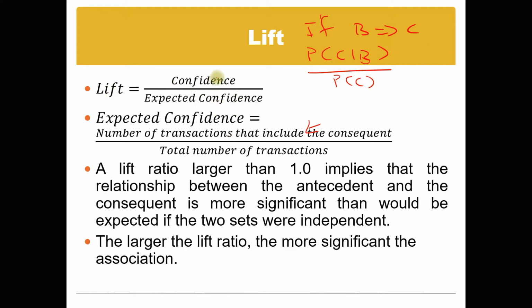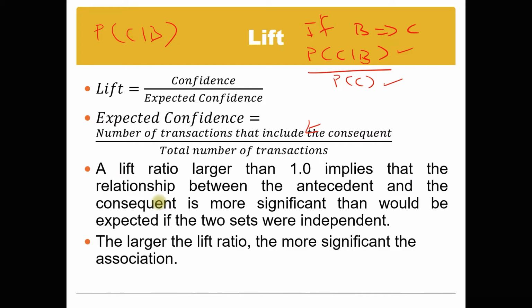If we are saying that the lift is equal to the confidence over the expected confidence, the confidence is the probability of C given B that we just discussed, but the expected confidence is just the probability of C. Why am I saying probability of C? Now, imagine that C and B are independent. Based on the former courses, former modules that you had, if these two are independent, one does not impact the other.